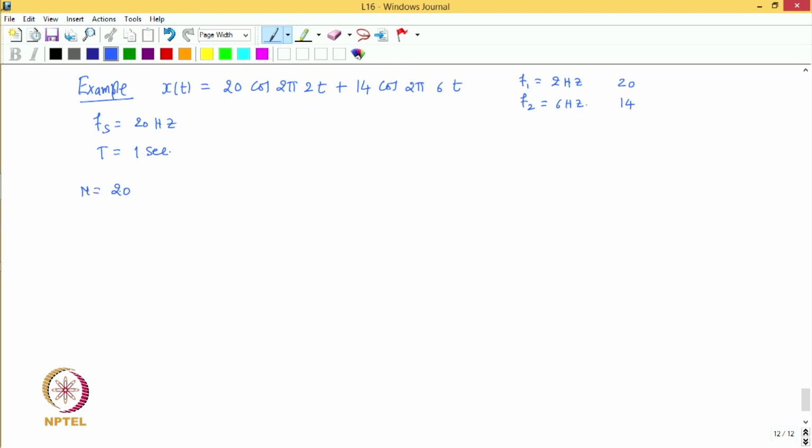The fundamental frequency of the signal is 2 pi by T, which is 2 pi radian per second, and in terms of hertz this would be simply omega naught upon 2 pi, that is 1 hertz. So that is going to be the frequency resolution, the frequency gap between two consecutive frequency components.